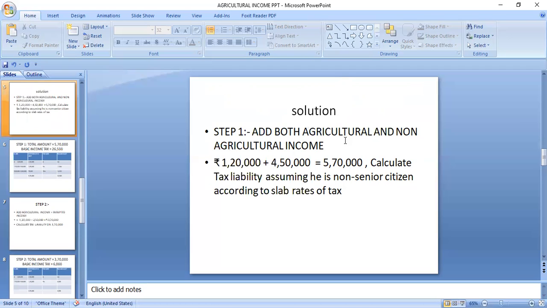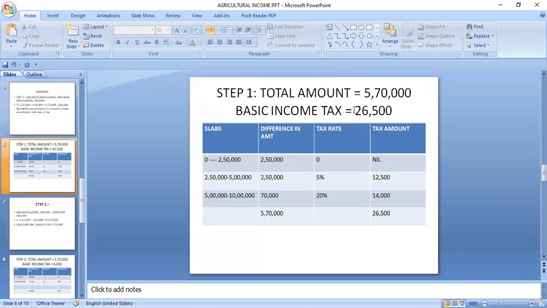Non-agriculture income may be income from other sources, business, profession, salary, house property or capital gain. Now, calculate the tax liability on the total of both incomes, 5,70,000. You will get basic income tax of 26,500. This is the slab table.